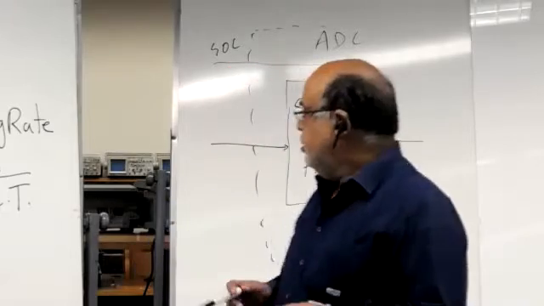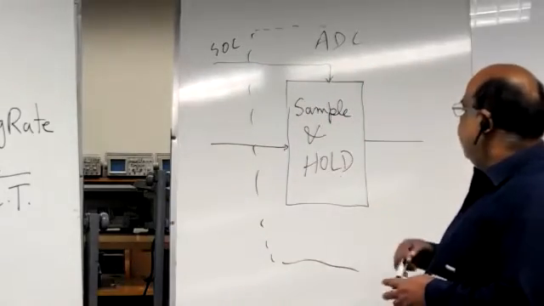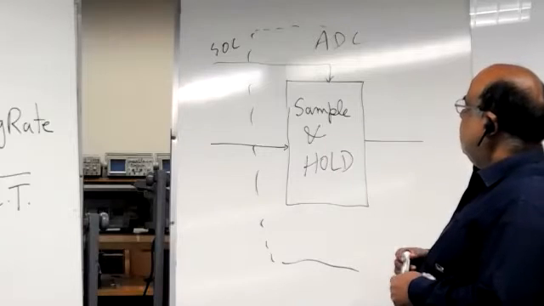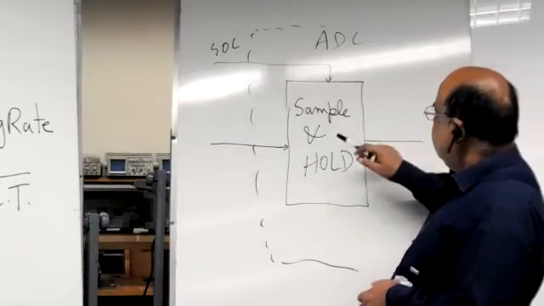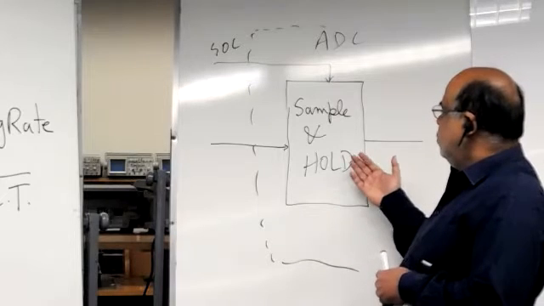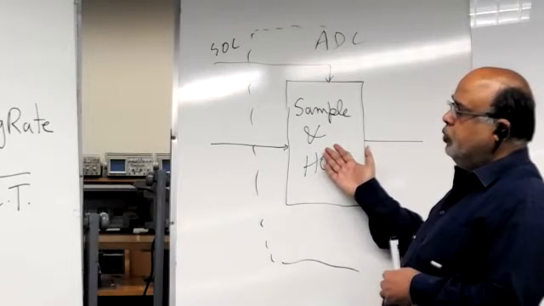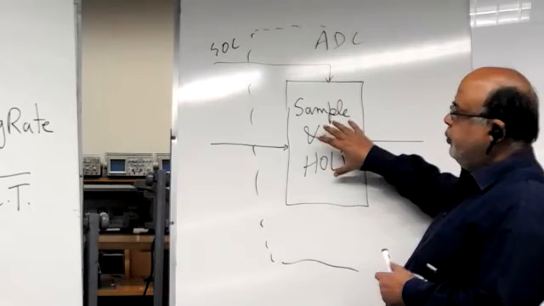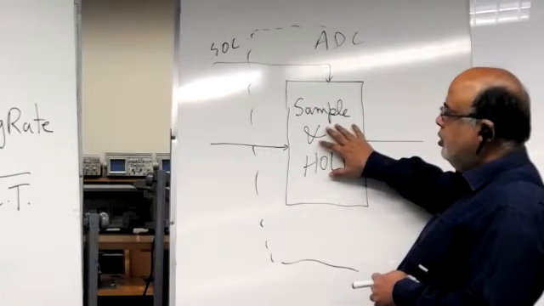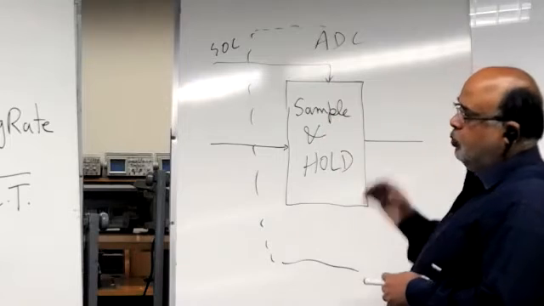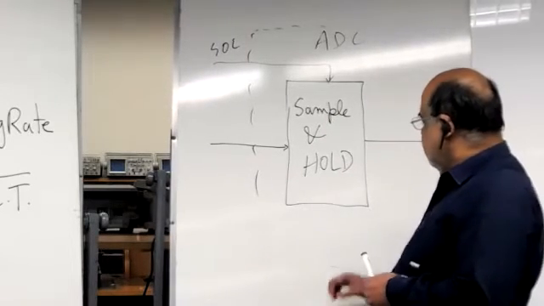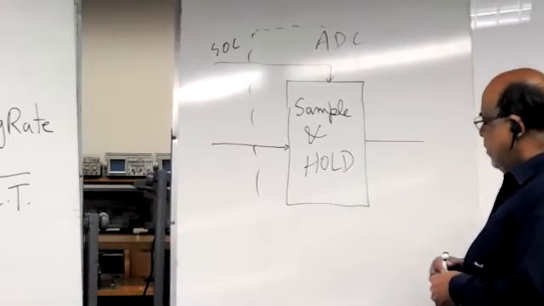Same case here, you want to convert a simple sample, you need to hold this sample for the time it is being converted. So start of conversion basically goes to this sample and hold circuit, which is basically a capacitor. So the capacitor charges to the input voltage, and its value is such that it remains charged for the time that it is being converted into digital format.